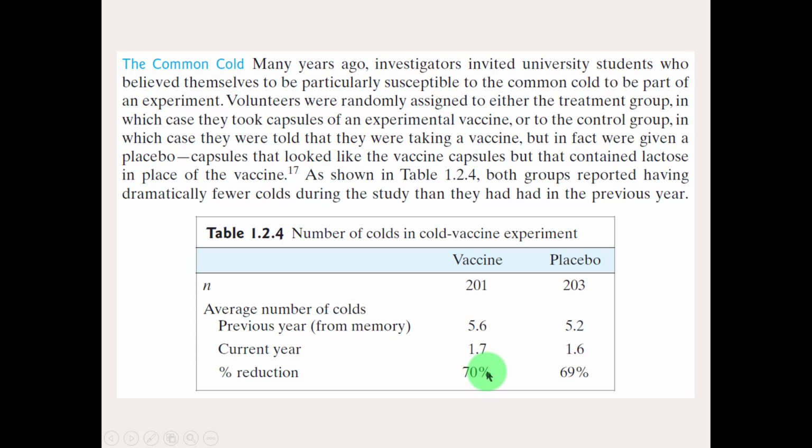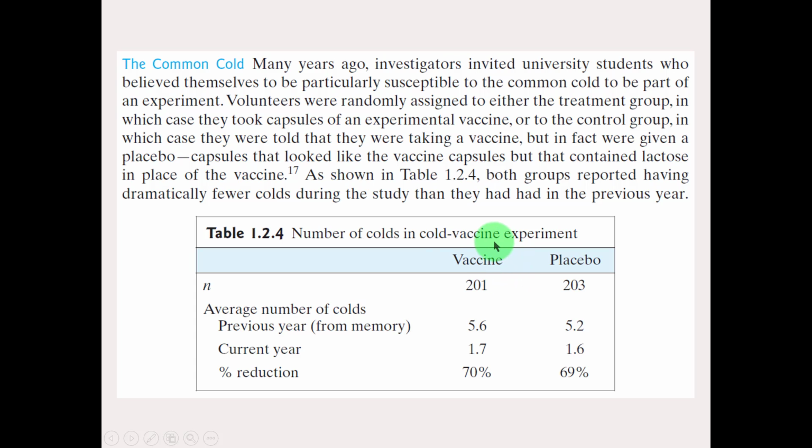And that seems pretty convincing until you look at the placebo group, and they had a 69% reduction in the number of colds. Without this placebo group or control group, you wouldn't have any sort of comparison between how effective this vaccine supposedly was. So often the placebo or the control group can serve as a baseline for the active ingredient group, i.e. the vaccine here.